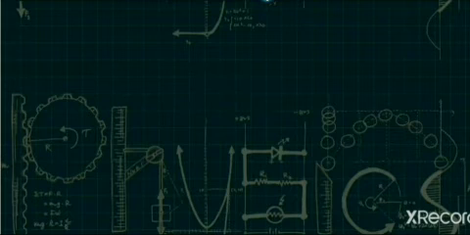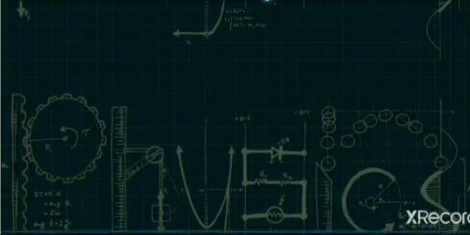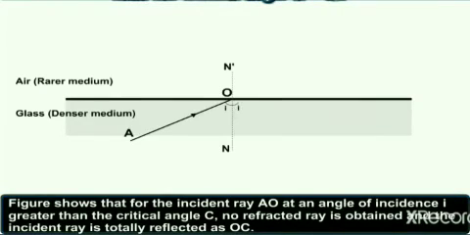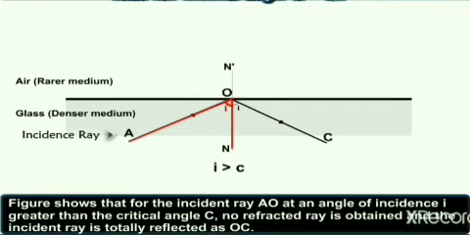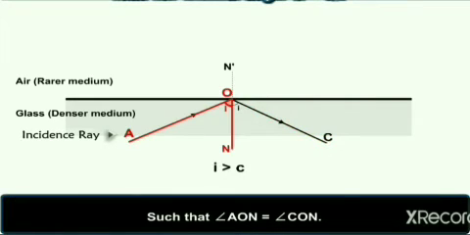First, when the angle of incidence is small, i is less than C. In figure, a light ray AO traveling in glass is incident at the glass-air interface at a small angle of incidence i. It is partly reflected and partly refracted. We get a weak reflected ray OC and a strong refracted ray OB.